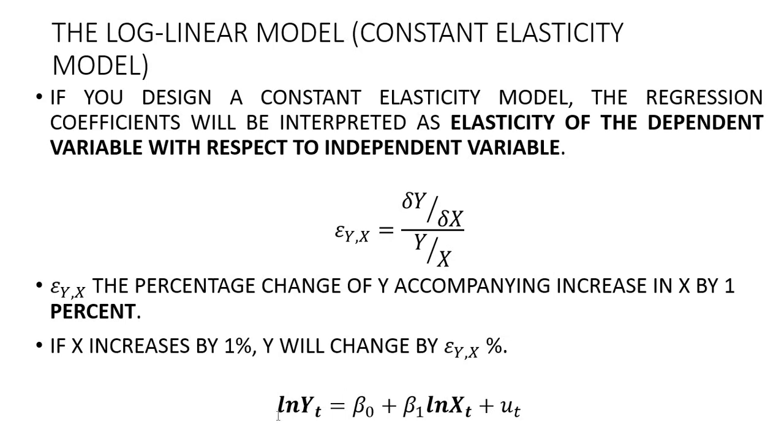Okay. So here it is. As I said, in this case, both dependent and independent variables are presented in the form of natural logarithms. So basically, you have to take the natural log of both sides. So let's say if beta 1 is equal to 5, then an increase in the value of x by 1% will result in a 5% increase in y.